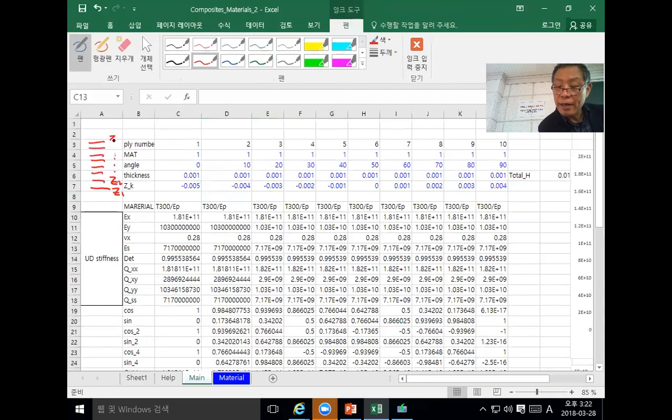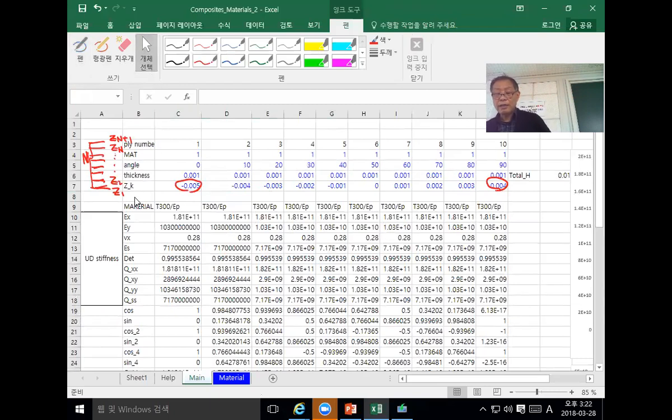If we have a number of plies N, this will be N plus 1, right? Top, and this one is Zn, because this is the coordinate of each ply position, and this is the number of plies. So that's why it starts from minus, and here is the 1 ply thinner.